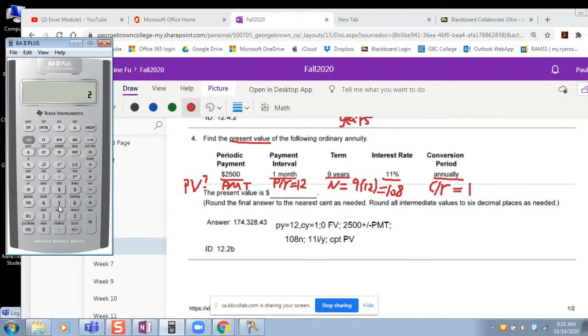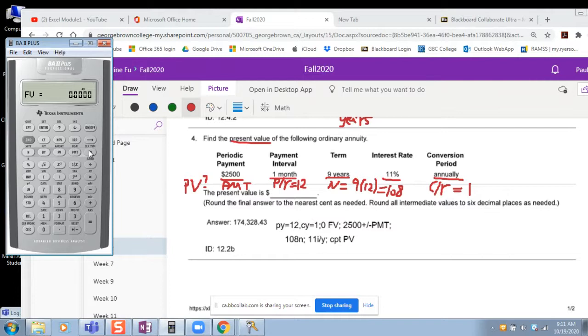Now I enter 2,500. That is negative PMT. 108 for N, and 11 for IY, and 0 for FV.